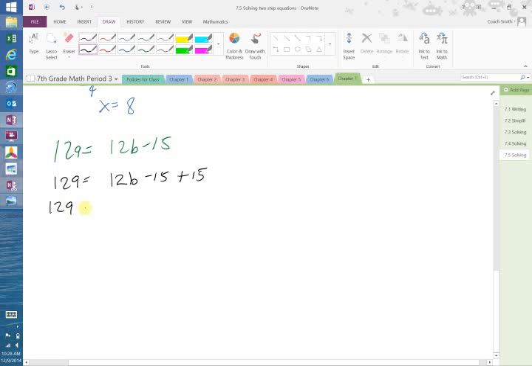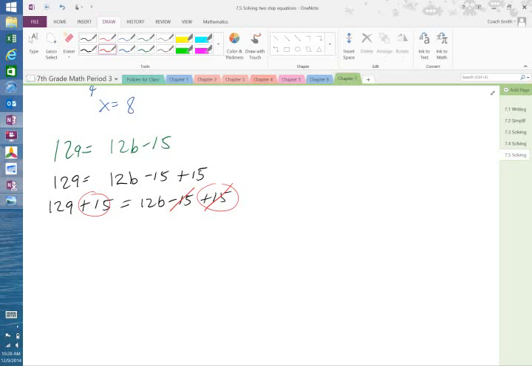So I have 129 plus 15 equal 12b minus 15 plus 15. So now we've done it on both sides. Now on the right side of the equation, subtracting 15 and adding 15 cancel each other out. 129 plus 15 is what? 144. So I have 144 is equal to 12b.